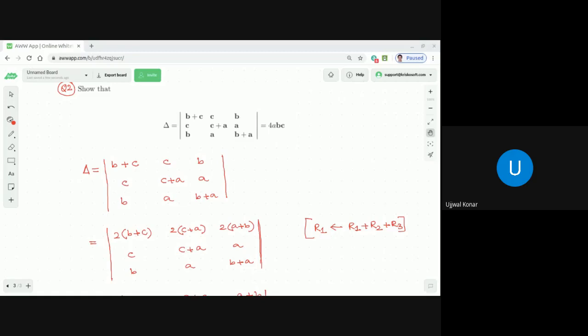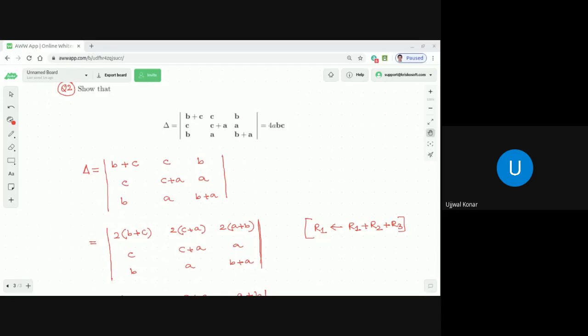So now, dear students, we can solve one problem together. That should be the last question, and let's see how efficiently we can do this.